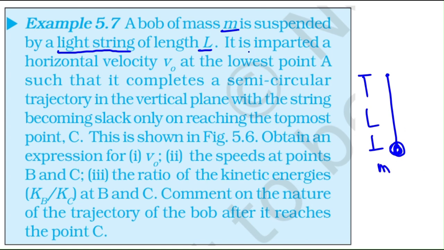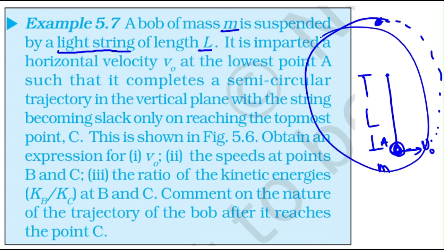When it is at its lowest point, a velocity of v naught is imparted. Then it completes a semicircular path and reaches the top point in a vertical plane.